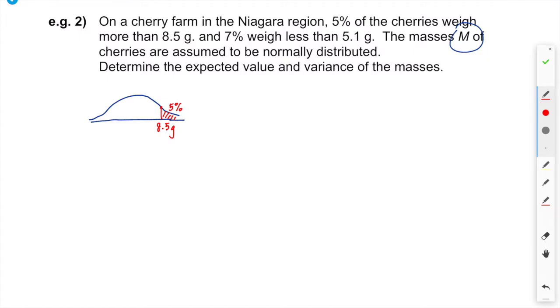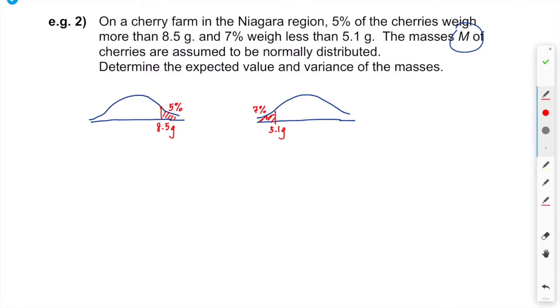And then the second statement, it tells us that 7% weigh less than 5.1 grams. So the bottom 7%, so let's say somewhere here, has a higher cutoff, the upper bound, as 5.1 grams.